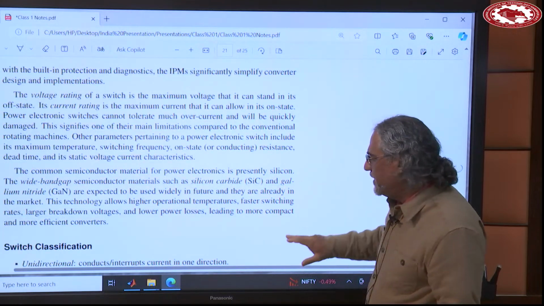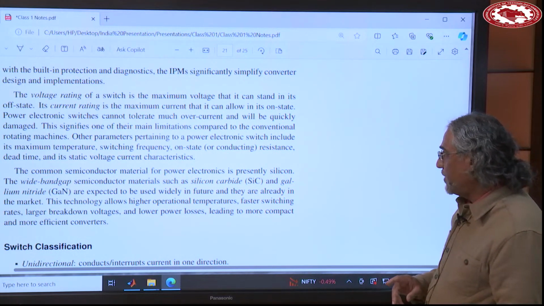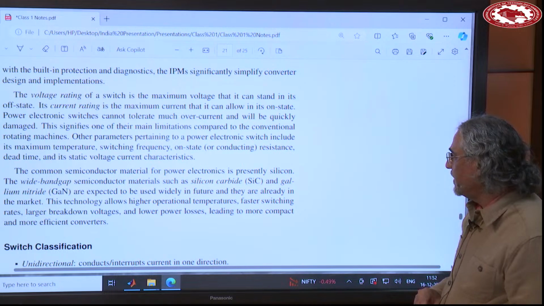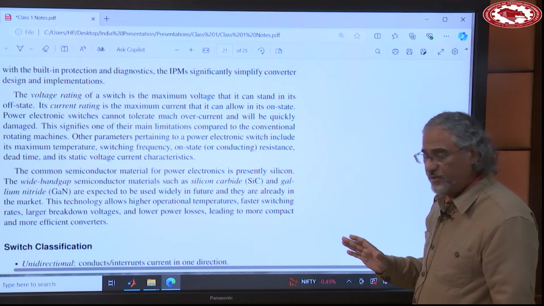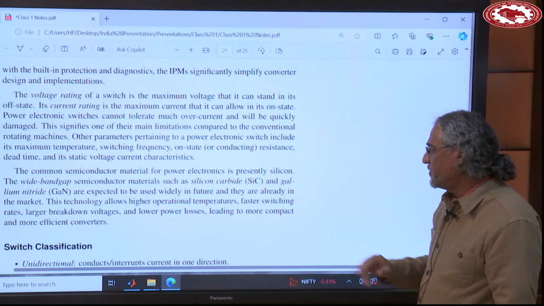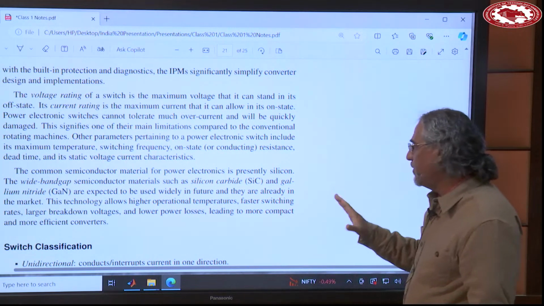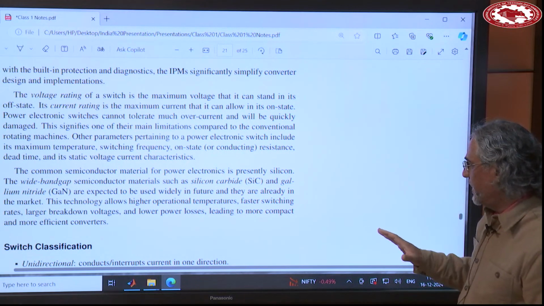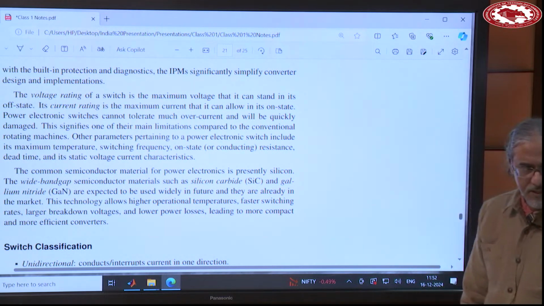And the last thing here is wide bandgap devices, which are becoming very attractive. These are devices that can switch much faster than silicon switches. These are either silicon carbide or gallium nitride, the two common ones that we have currently. And they can go really, really high in switching.